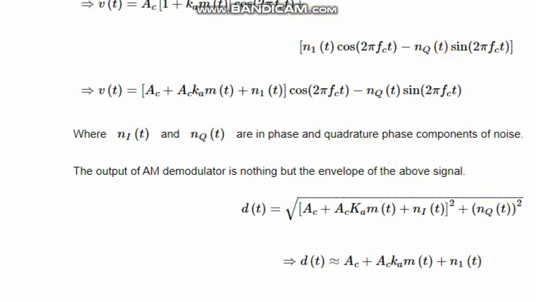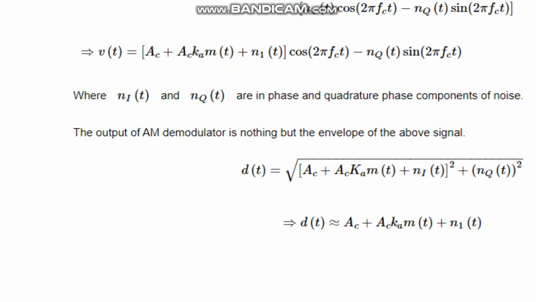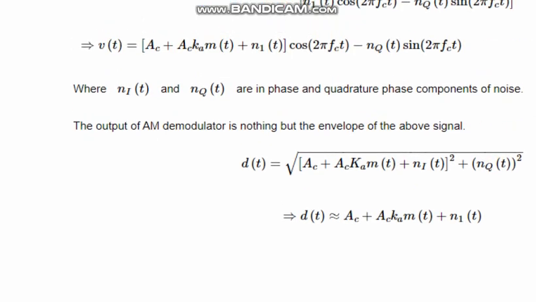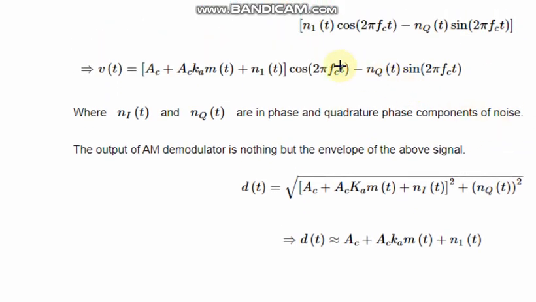Then, in the detection of an AM wave, we do envelope detection. So what is envelope detection? Mathematically, it means squaring both the terms of v(t), taking their sum, and finally taking the square root.